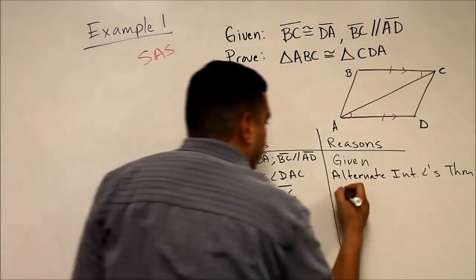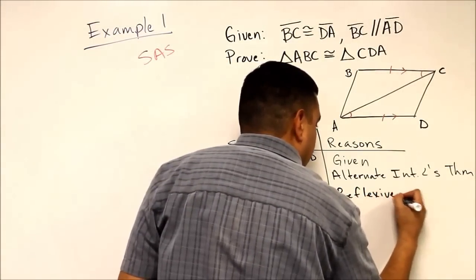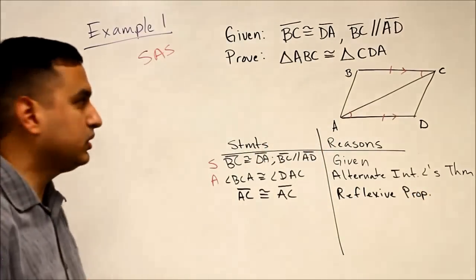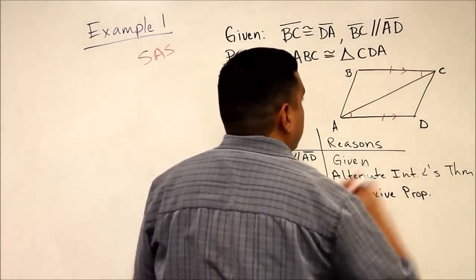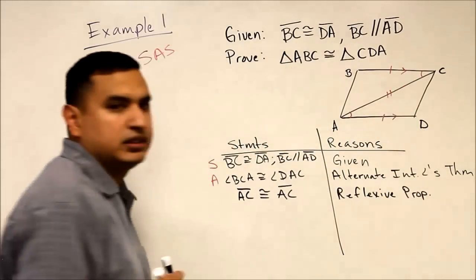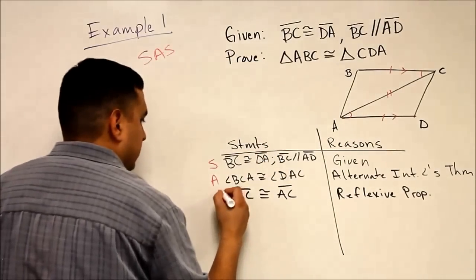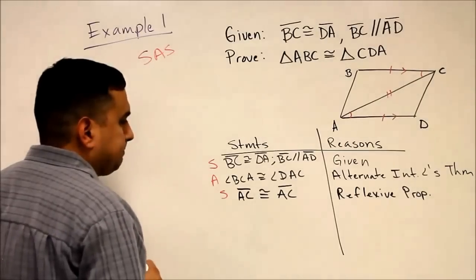That is called the reflexive property of congruence, and that gives me my second pair of sides. So that would be my SAS, my side angle side.